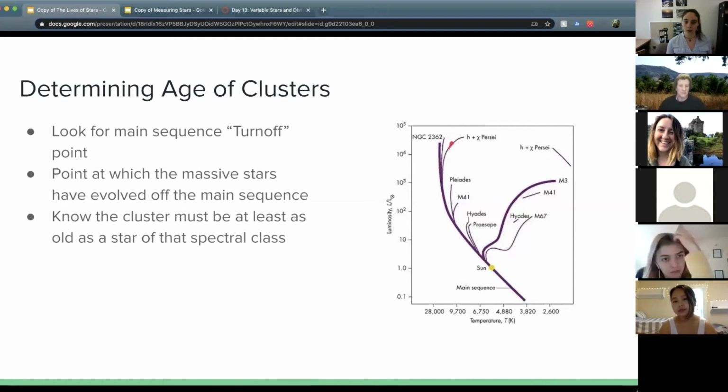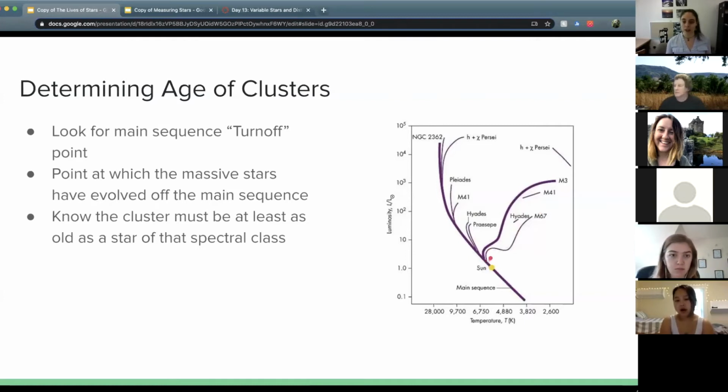So we can look at which color, which spectral class of star is no longer on the main sequence to get an idea of the age of the cluster. The further down the main sequence the turnoff point is, the older a cluster is. The oldest cluster here is M67, which has lived long enough that even stars around the same size as the sun are beginning to die.